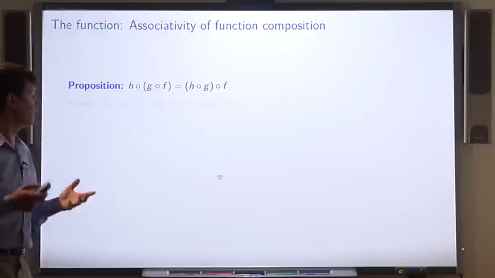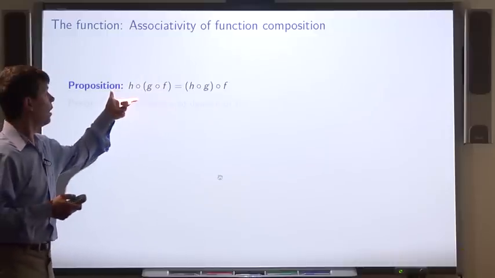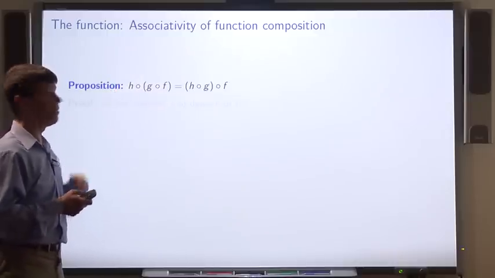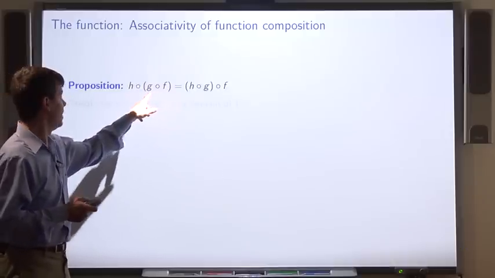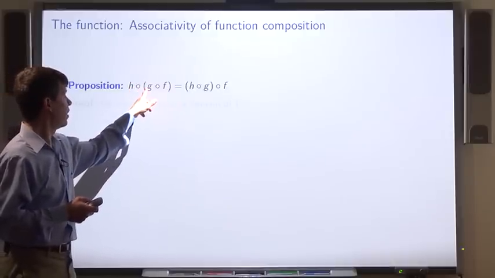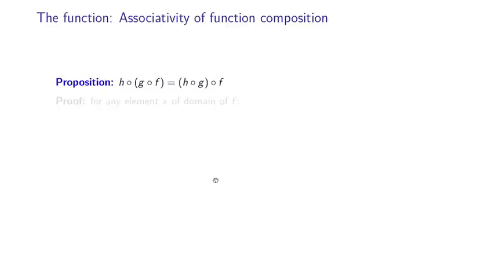The parentheses are not needed because function composition satisfies associativity. This is what associativity means. h composed with the result of composing g with f is the same as h composed with g composed with f.